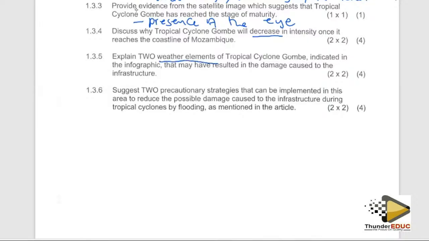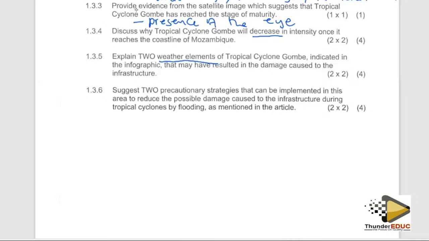We talk about things like wind, rainfall, thunderstorms, lightning, things like hail, the overcast conditions. All these are the different weather elements, the strength of the winds and all that, right?